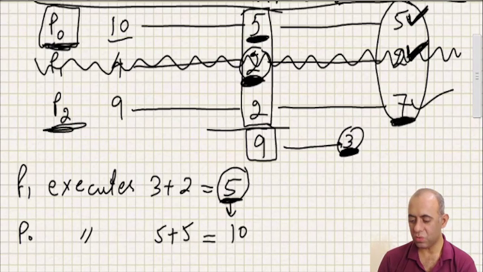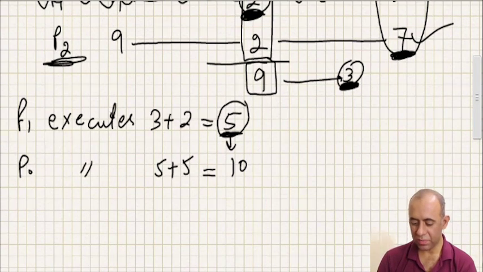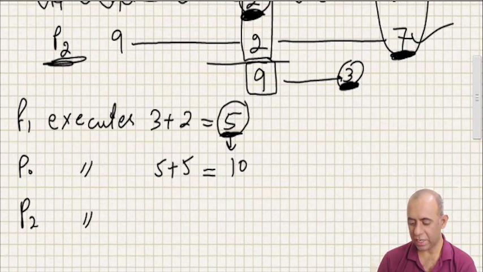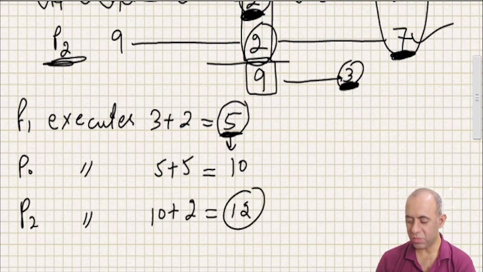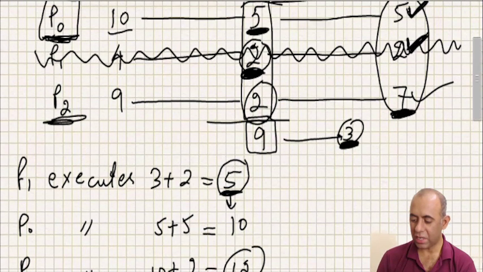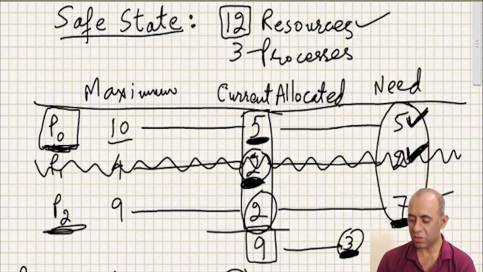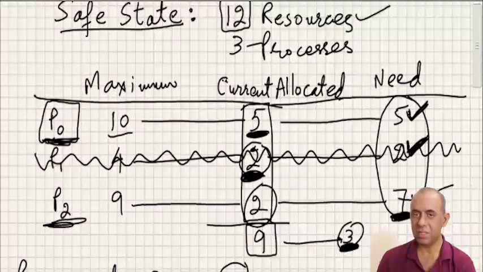Yes, we are able to do that. So P2 executes and gives back its allocation, which was 2. So 10 plus 2 equals 12. Because all of the processes have finished executing, we get back the total number of resources which were originally available, which is 12.